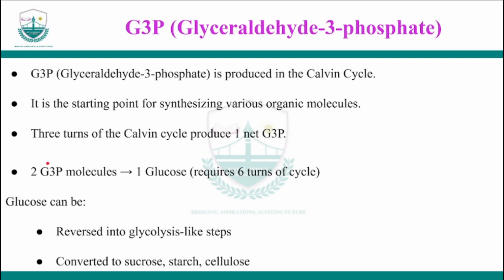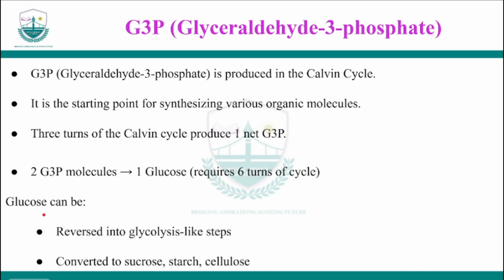We need 2 molecules of glyceraldehyde 3-phosphate to form 1 glucose molecule. And like I've just said, for 1 molecule of glucose, the Calvin cycle has to go through 6 times.